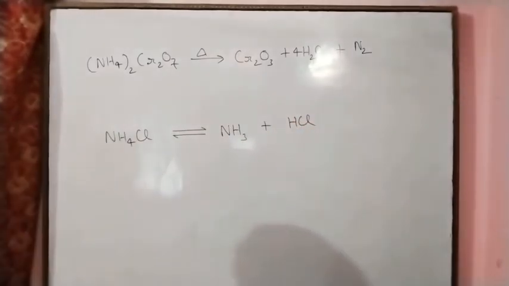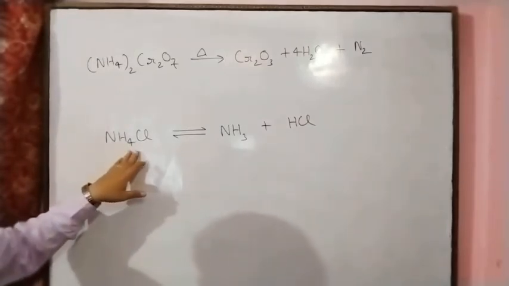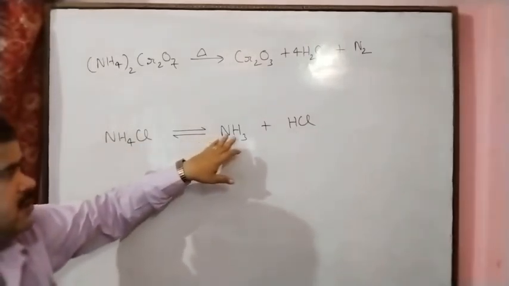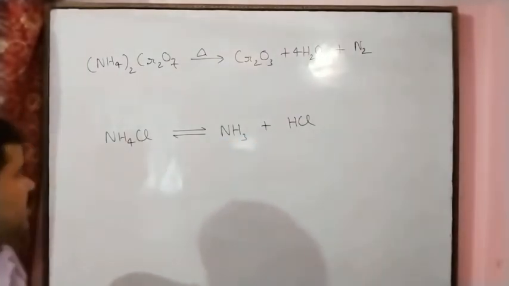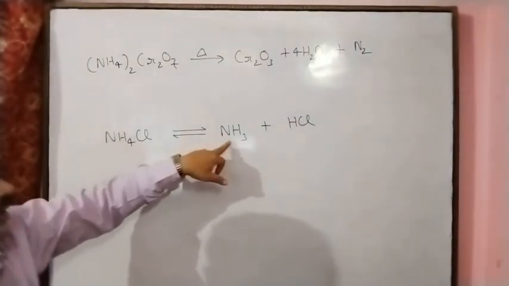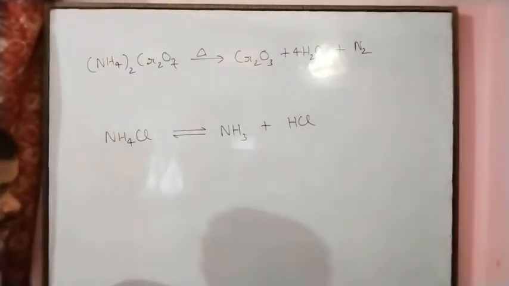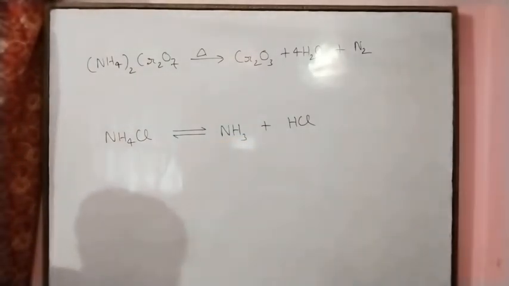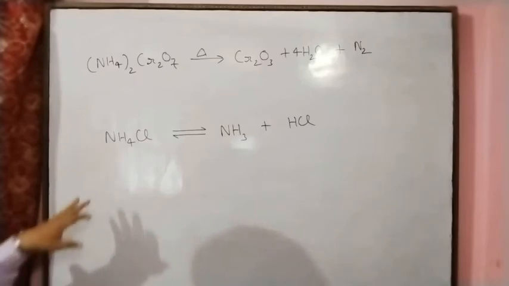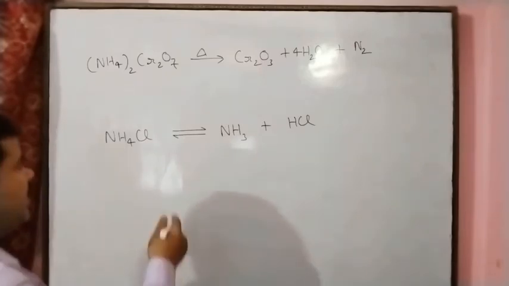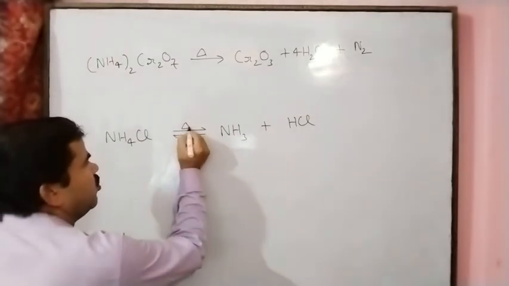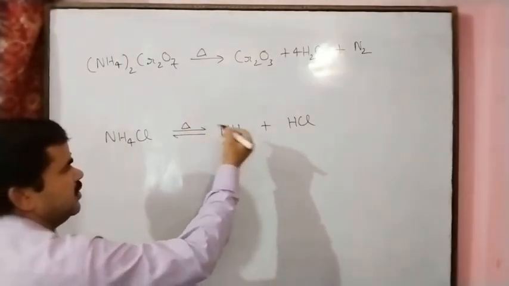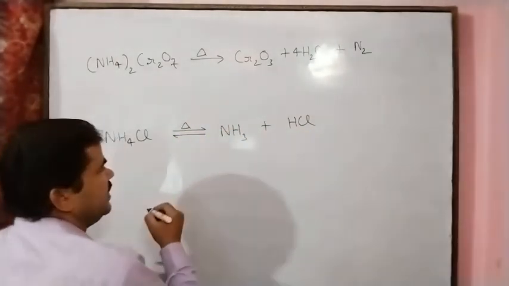In this chemical equation we can see ammonium chloride decomposes or dissociates into ammonia and HCl. In this chemical reaction heat energy is required, and due to the absorption of the heat energy, ammonium chloride changes to ammonia and HCl.